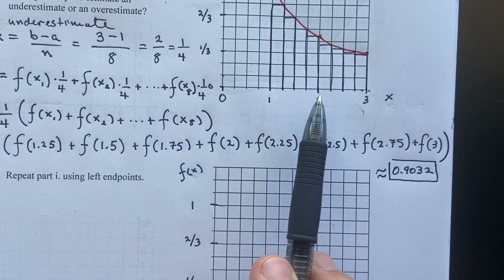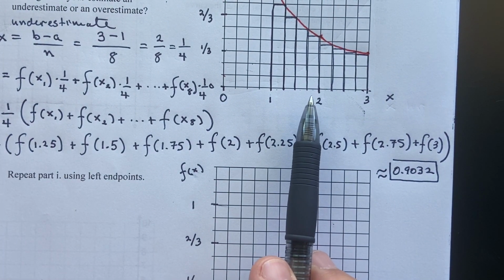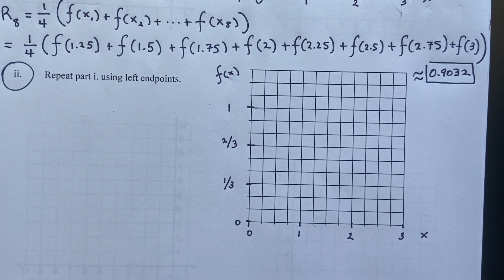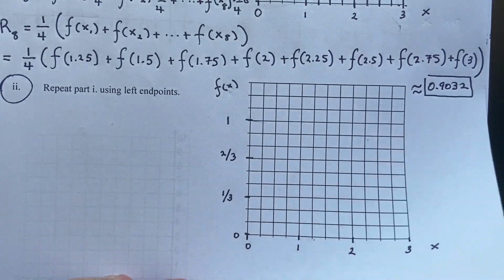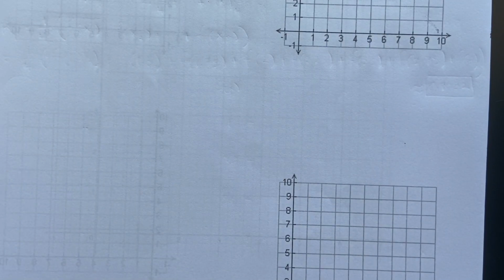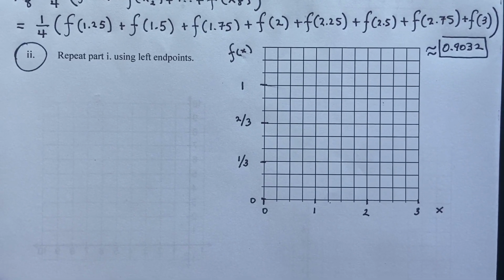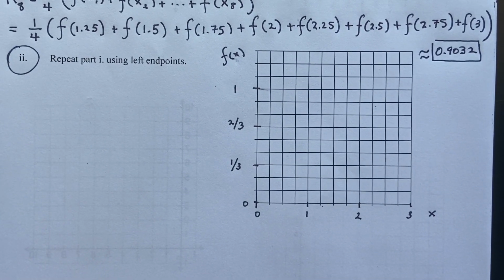Okay, so that was that one, using right endpoints. So let's try it again, and we'll just use the left endpoints. Then we'll go on to another one. So I'll draw this function again.